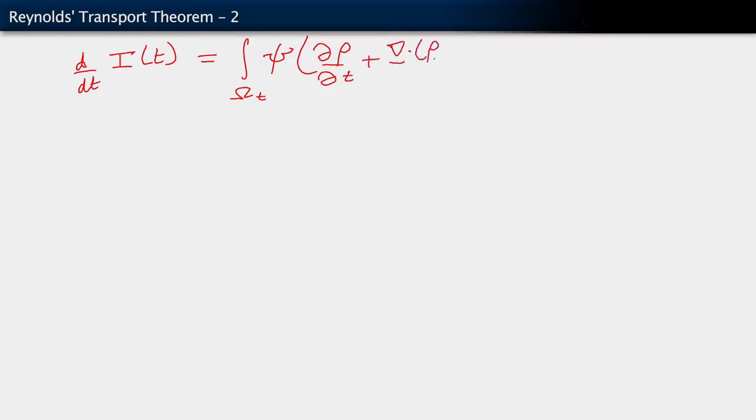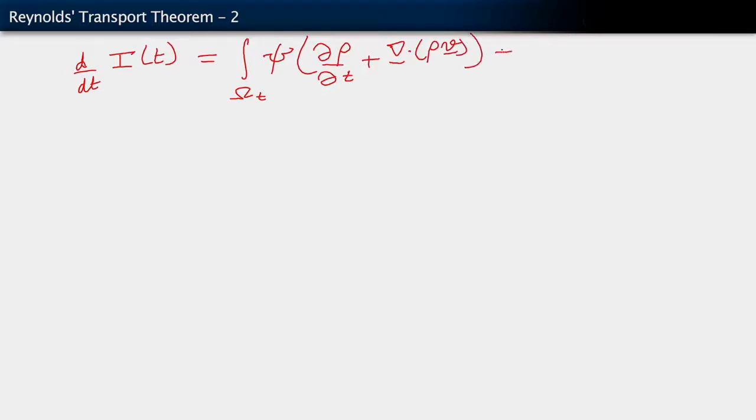So what we have then is that d/dt of I, where I is a function of t, is the integral over omega t. I'm going to group the terms where psi was not involved in a derivative. Those terms were psi times the partial time derivative of rho plus the divergence of rho v.